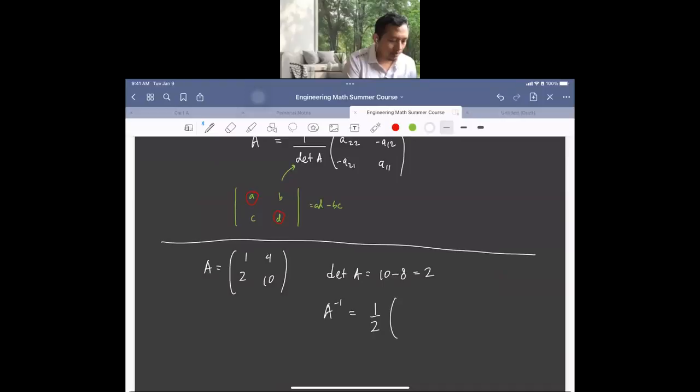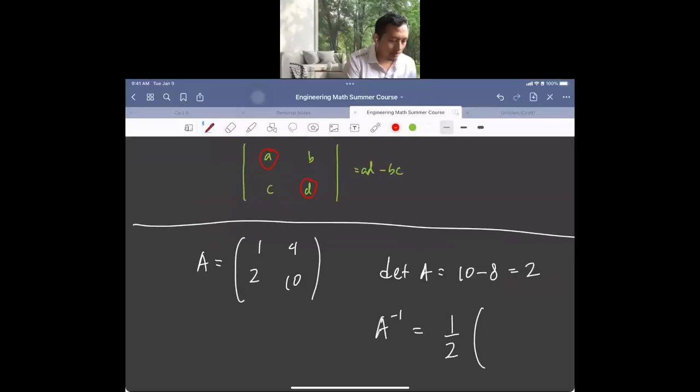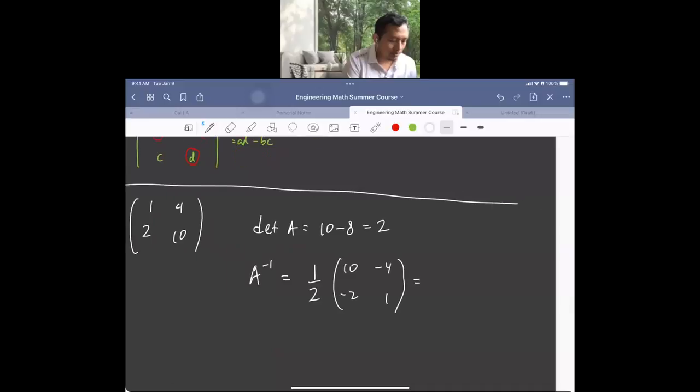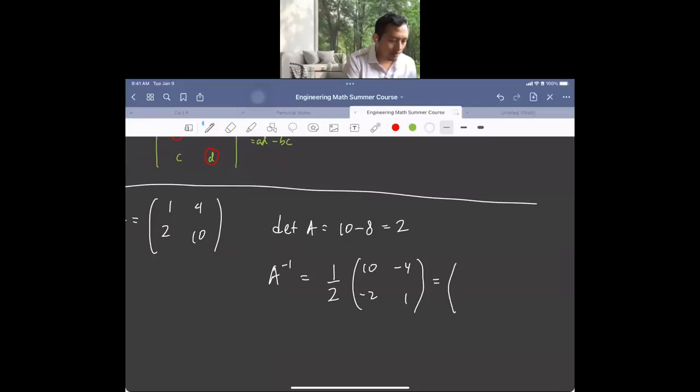Adjoint means that for 2 by 2, we just exchange these 2 numbers, here 1 and 10, and take negative of the rest of the numbers. So first we take this 10, 1 and then negative 2, negative 4, and then we multiply with half.